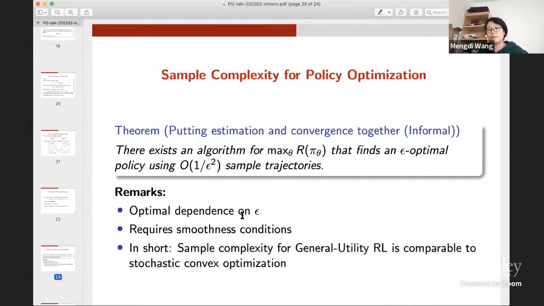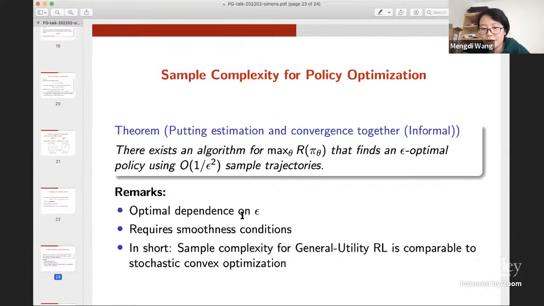And finally, we want to put together estimation and convergence. There is a particular algorithm which is too long to show in the slide, but it combines estimation and convergence, which is really just a gradient ascent algorithm, but uses a more accurate estimator for the policy gradient.